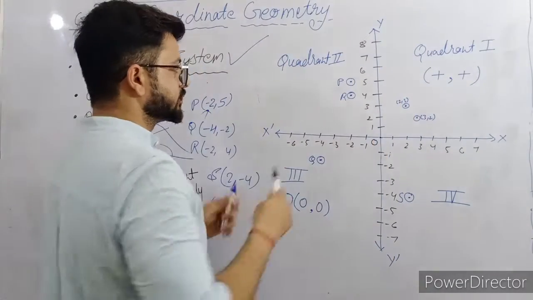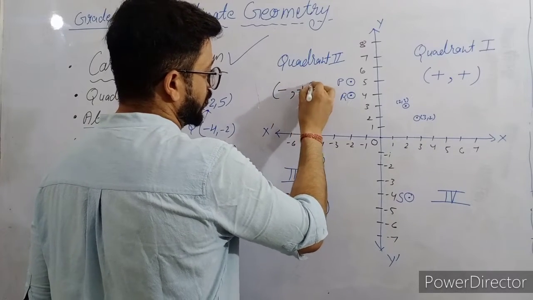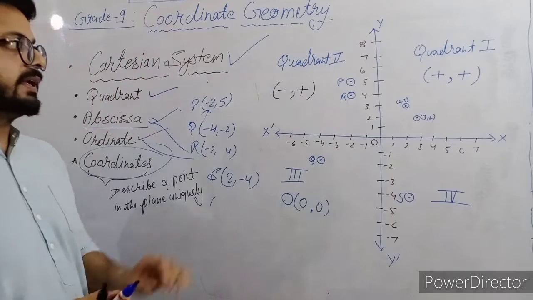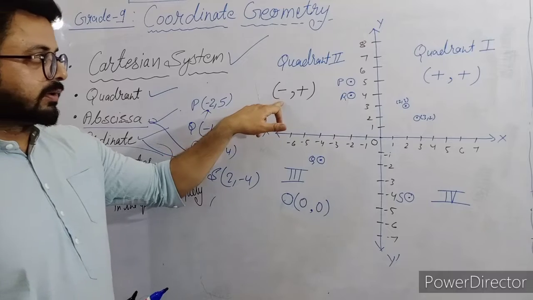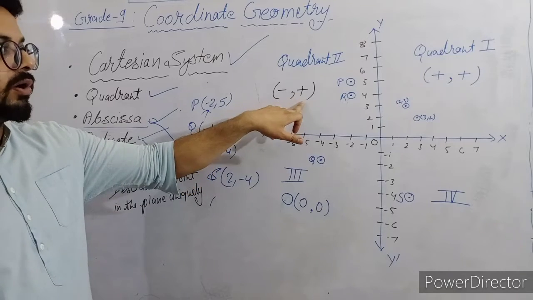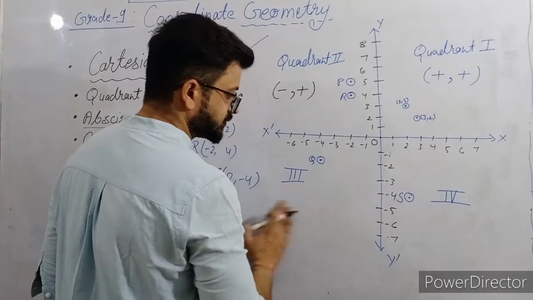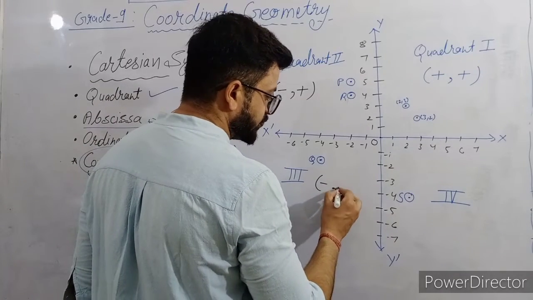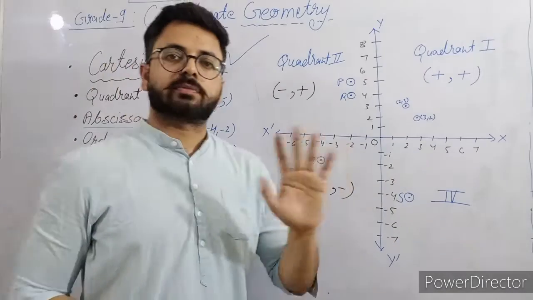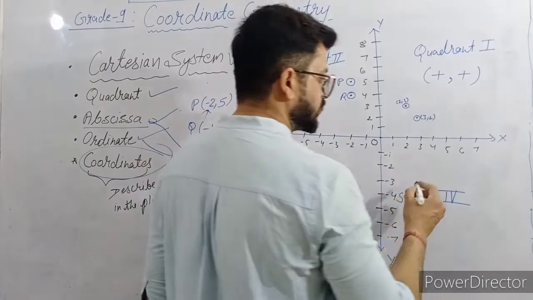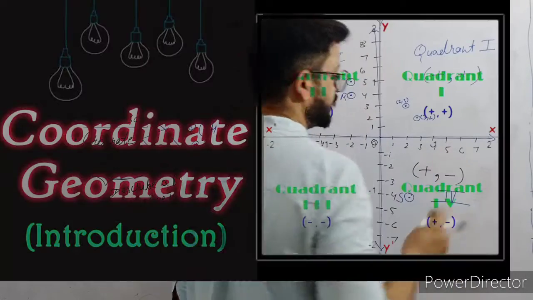And suppose the abscissa is negative and the ordinate is positive, then definitely they will come in the second quadrant. Another case, both are negative. No need to check. In the third quadrant both will be negative. And for the fourth quadrant, positive and negative.